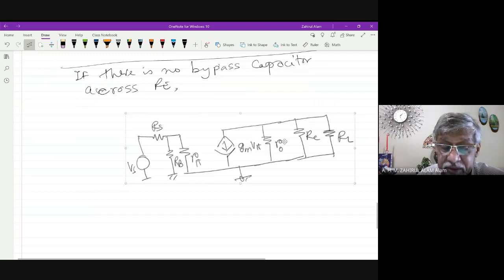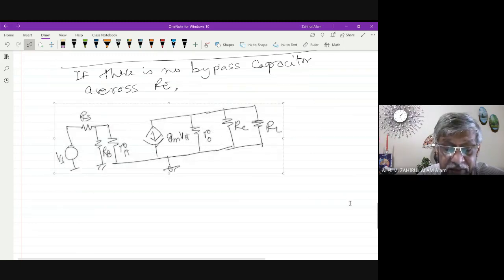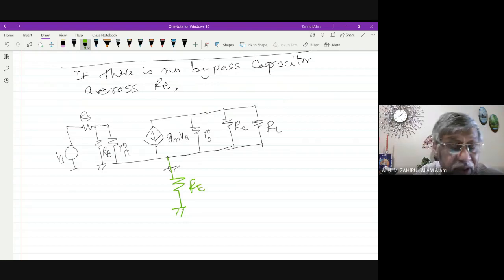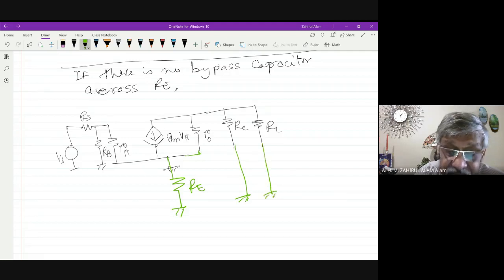Now paste. Now as I mentioned, RE is not bypassed, so we cannot remove this RE. Is it right? Yes, sir. And also RC is not connected to R0, so they are supposed to be connected like this.